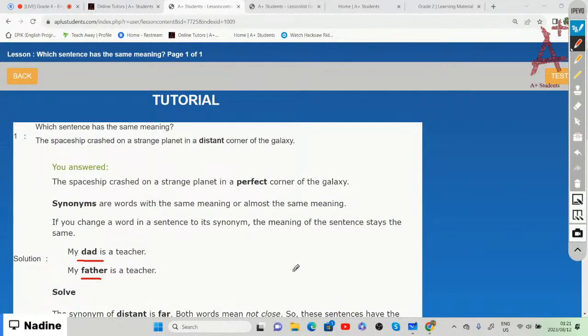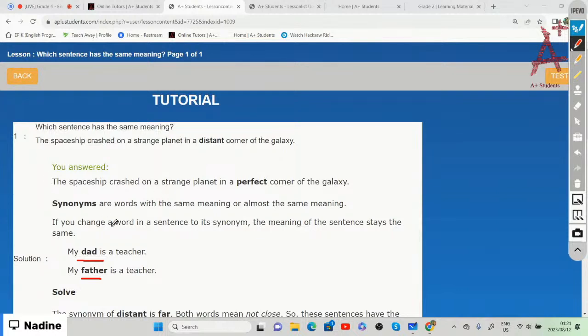The meaning of the sentences will still stay the same because dad and father either have the same meaning or almost the same meaning. Which means that the meaning of the sentence does not change. It stays the same, right?